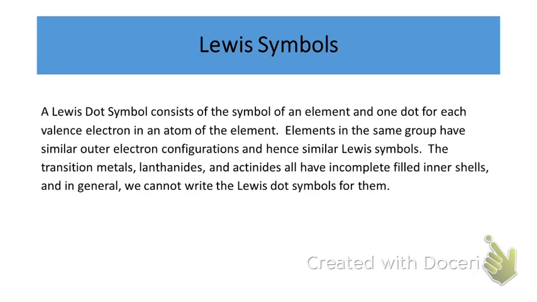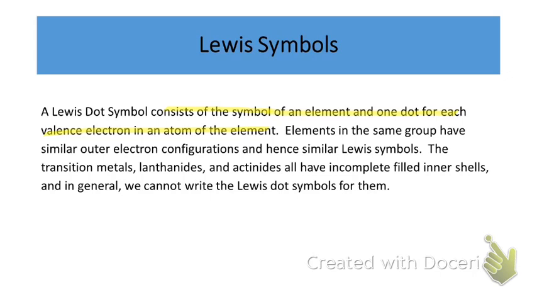So what exactly is a Lewis symbol? A Lewis symbol consists of a symbol of the element and one dot for each valence electron in an element. In order to write a Lewis symbol, you're going to need to know how many valence electrons an individual atom has, and then we're going to use a dot to represent each valence electron.